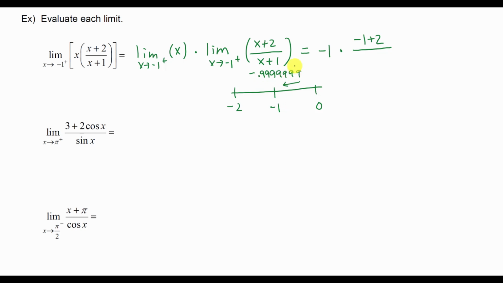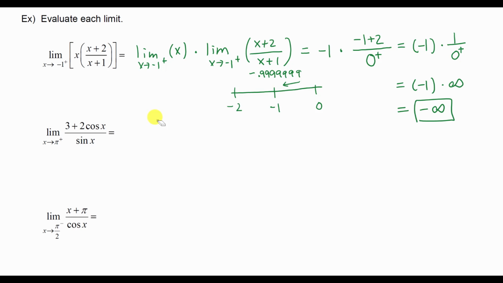And if you add 1 to it, you're going to get a number very close to 0 that is positive. I have negative 1 times 1 over a positive very small number close to 0. So I have negative 1 times infinity, so it will actually go to negative infinity.